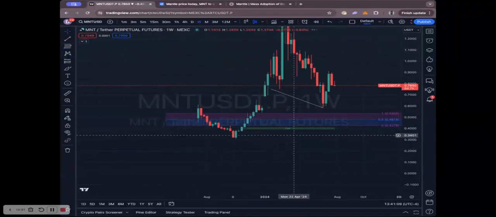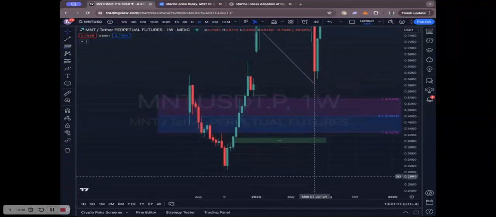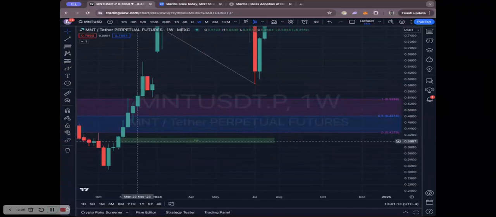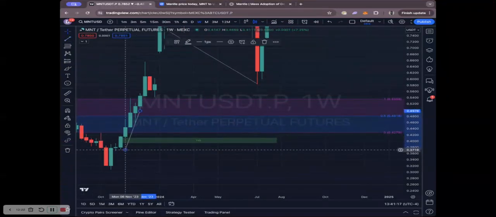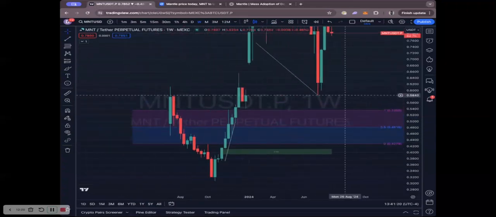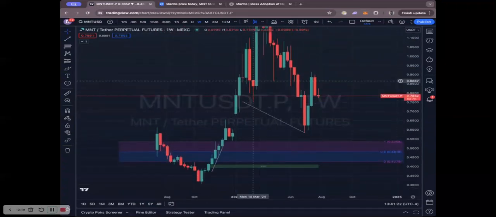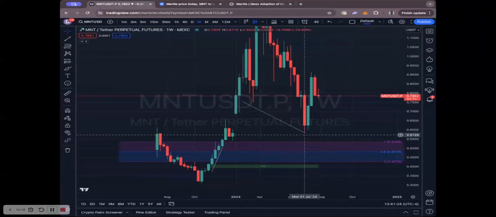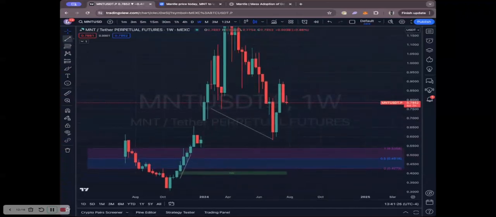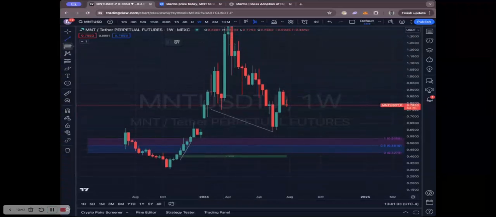And then on the weekly, we do have very, very smooth liquidity all the way through here, plus this fair value gap. So really what I would expect is, oh yeah, this weekly closure already happened. So even if we do take the high, we actually have an inversion here as well.